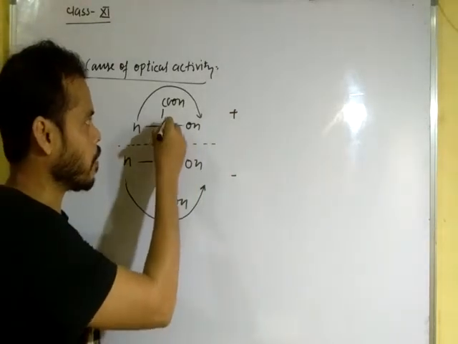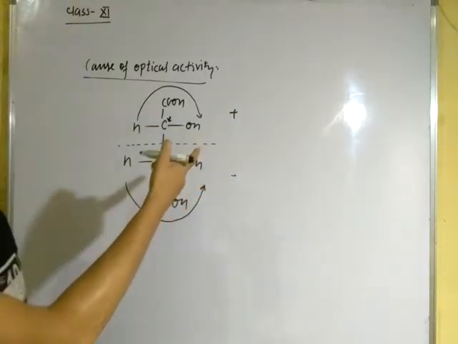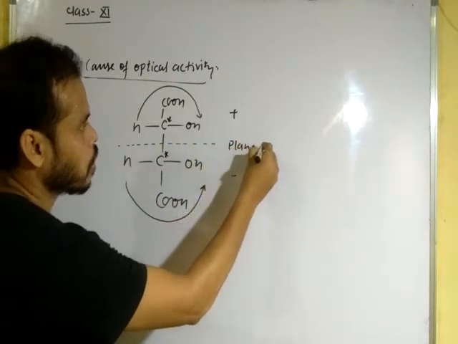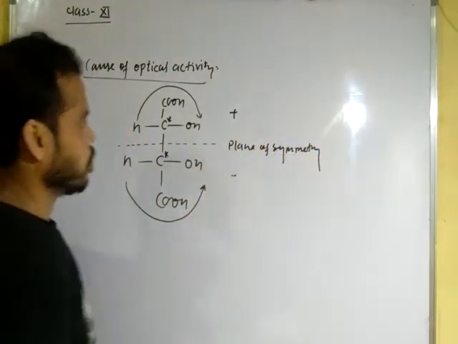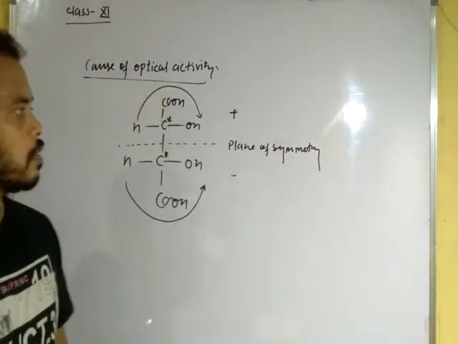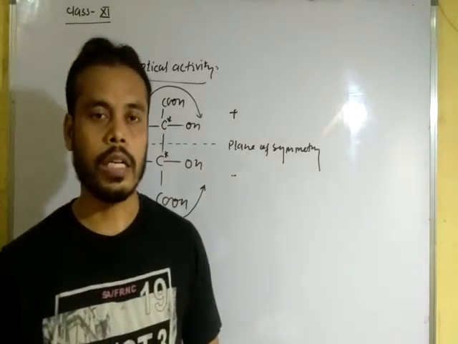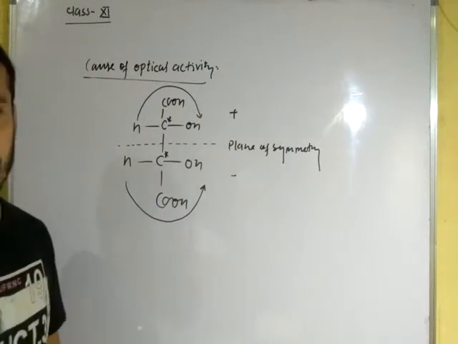having chiral carbon here and also here, and due to the presence of a plane of symmetry, this is known as the plane of symmetry. These are mirror images of each other and superimposable on each other.